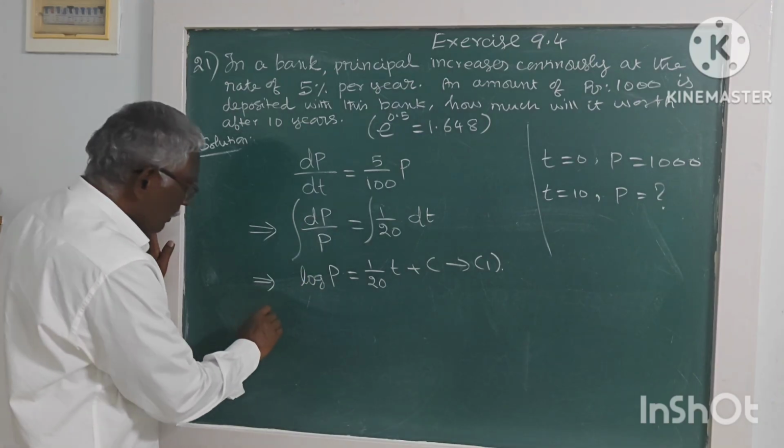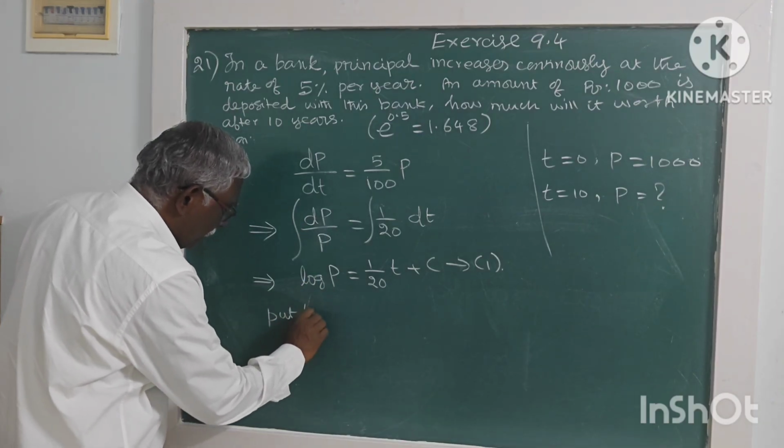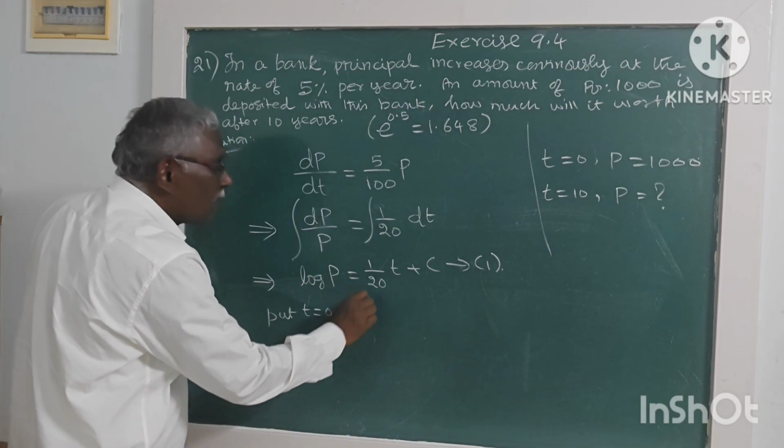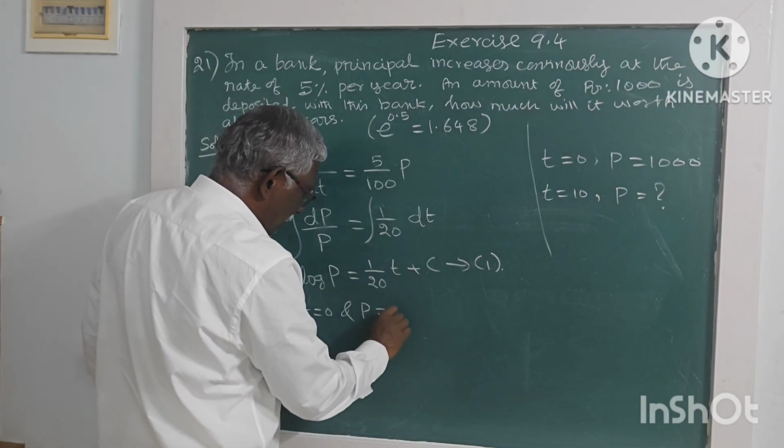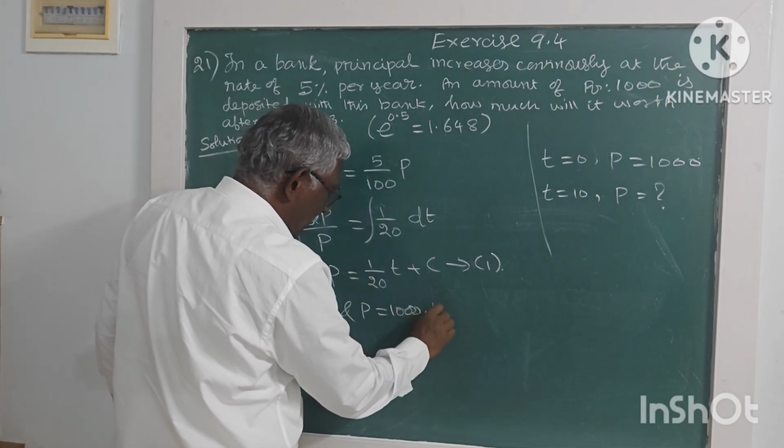So when we put T is equal to 0 and P is equal to 1000, we get the constant.